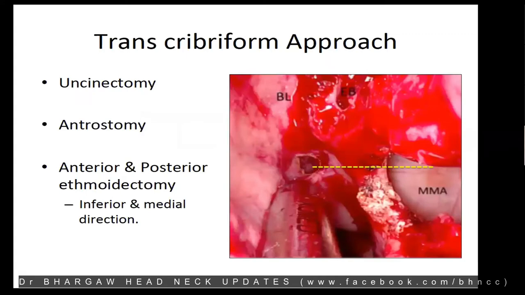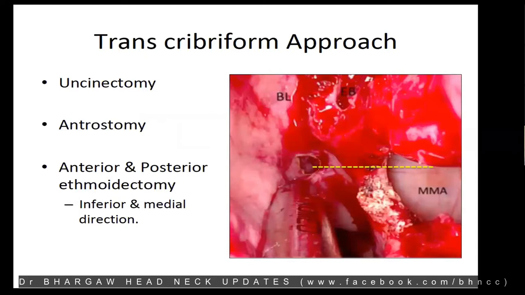As we proceed, we need to do an uncinectomy, the antrostomy, and then the ethmoidectomy. This is all possible on the side where there is no disease, when you have to do a bilateral approach for an endoscopic craniofacial resection. I'll tell you why it is important. This is the classical description of the procedure.